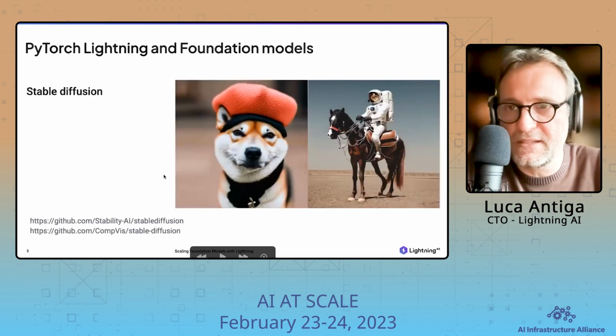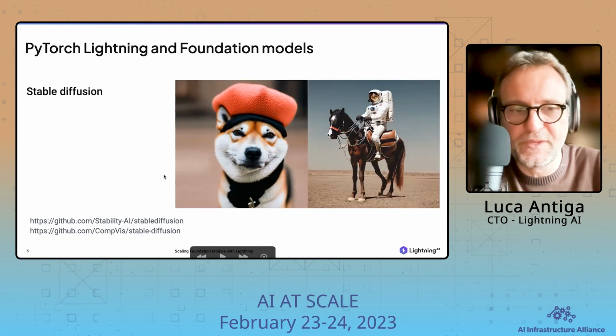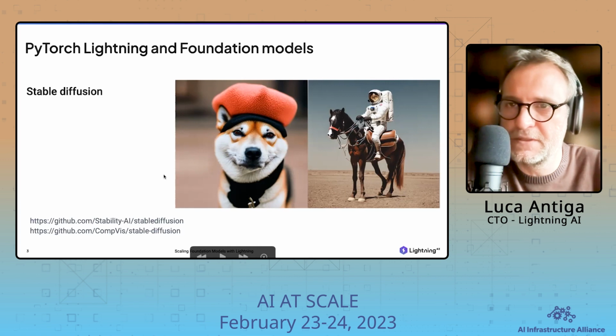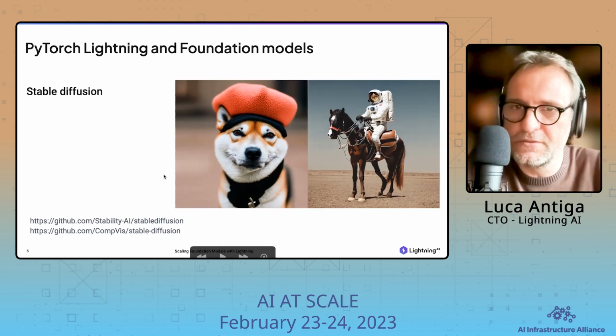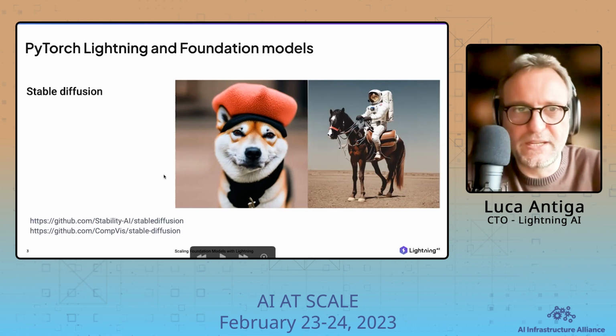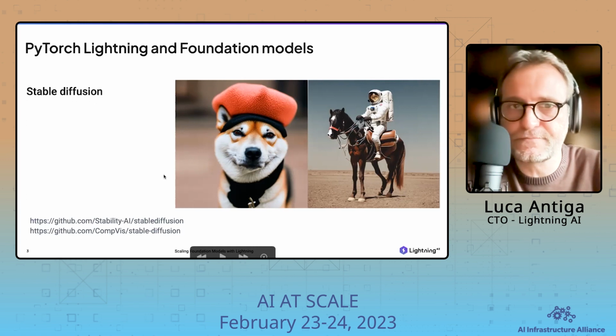And PyTorch Lightning has often been used to train very large-scale models. The most famous of them, I guess, is Stable Diffusion itself. Both in the original CompVis repo and in the more recent Stability AI repo for Stable Diffusion 2.0, PyTorch Lightning was employed for training the model at scale.